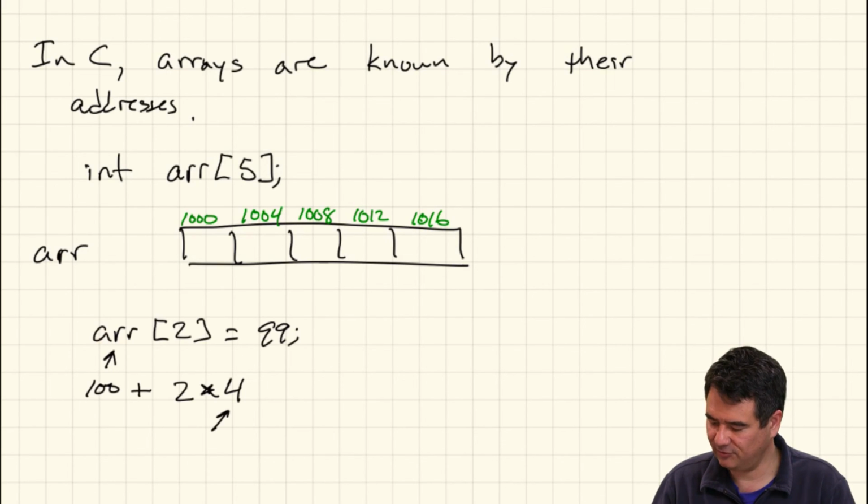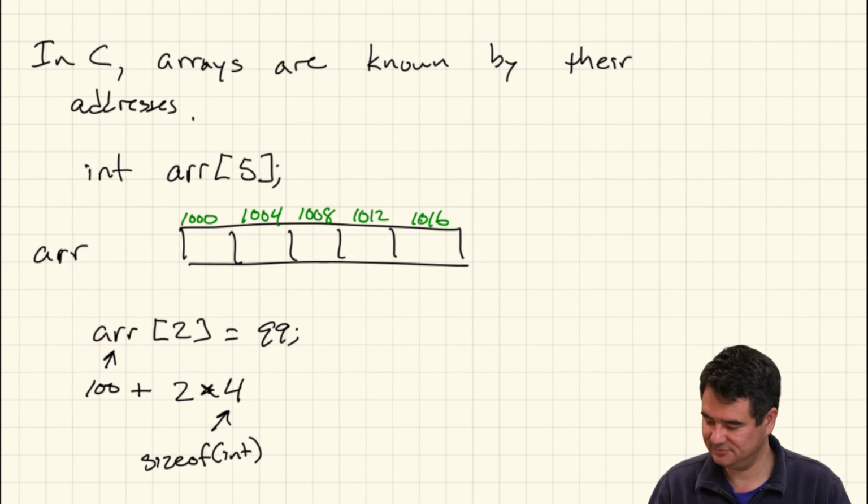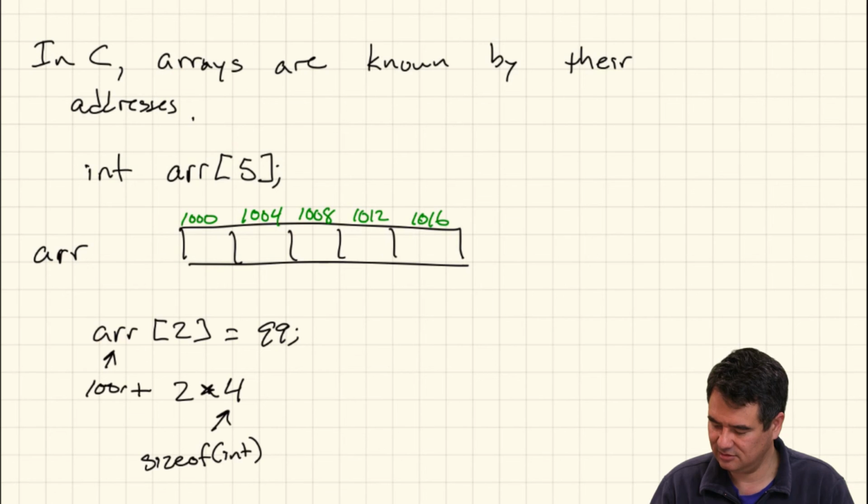And this number 4 is the number of bytes used by an integer. Okay, so it starts with a base address, which actually should be 1,000. So the base address of 1,000, it adds on 8, and it goes to the memory location 1008, and then puts the number 99 there.